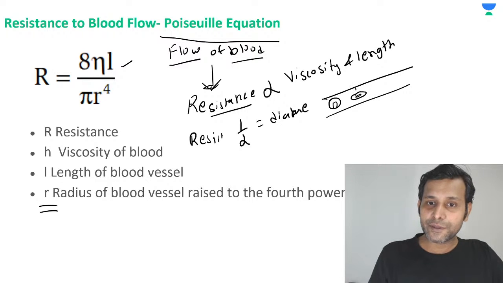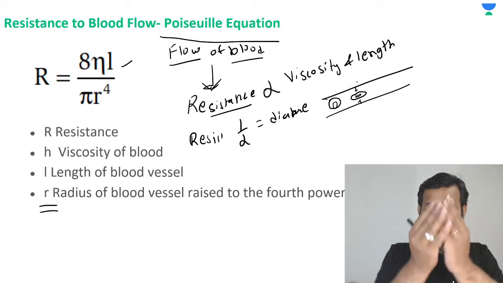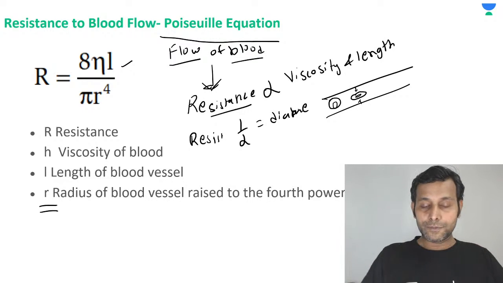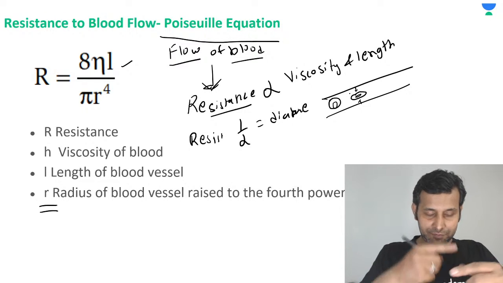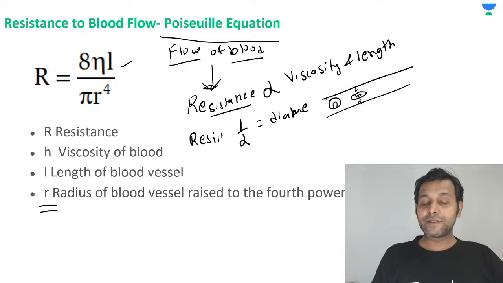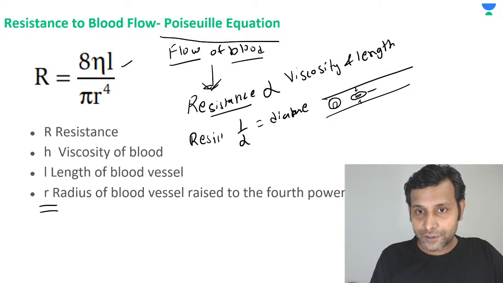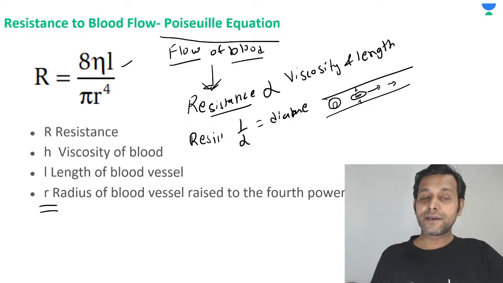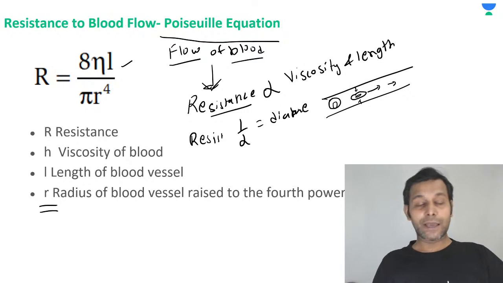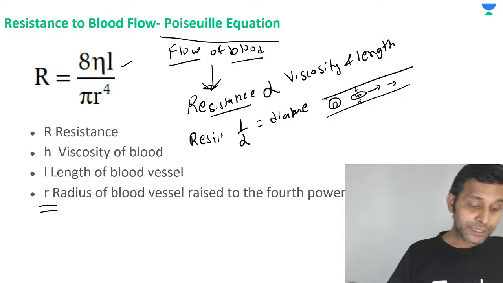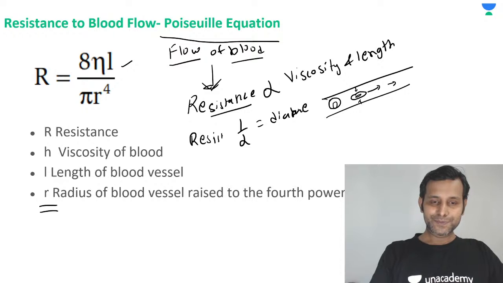This bending, or folding, of RBCs, like a roll, decreases their effective diameter, and they flow very smoothly across the vessels. So this is one way to decrease the resistance across the capillaries, because the capillary is such a huge network that it causes increased resistance.